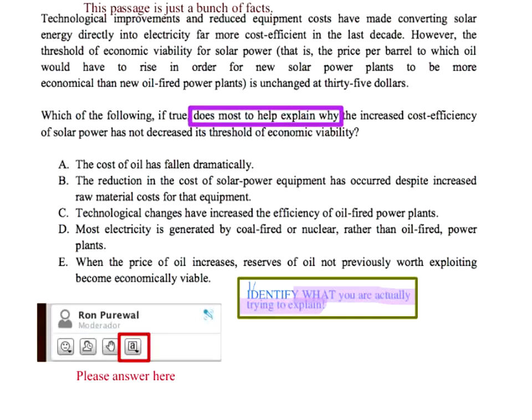There's a bunch of facts given here, but there's only one that is kind of an unexpected consequence given the others. Does anybody know what that is? Anybody type in the text box? What particular aspect of this needs to be explained? What's weird? What do we actually have to explain?